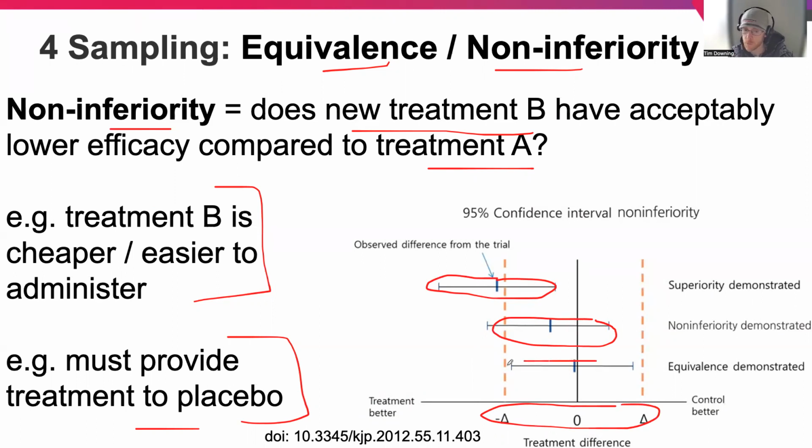And then equivalence would mean that the evidence would suggest that there's no difference between the treatments. So this is kind of a difference of where the point estimate lies here in the middle and how our confidence or credibility interval overlaps that of the original trial.